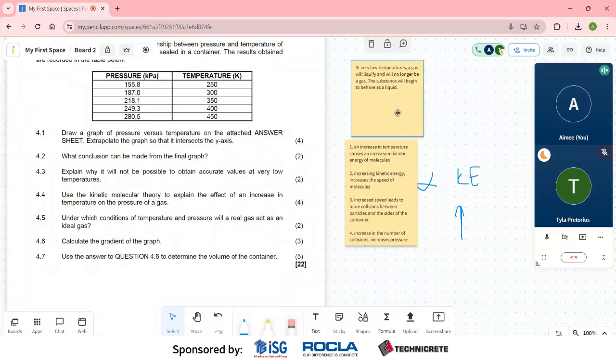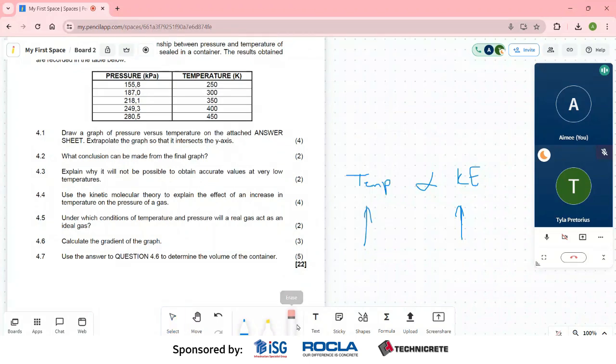When we talk about an ideal gas, it's hypothetical because it's a perfect gas acting in a perfect environment, otherwise known as a laboratory environment where researchers can control all the variables.